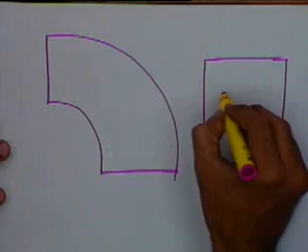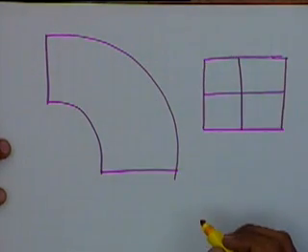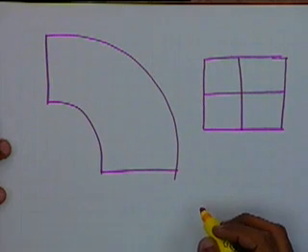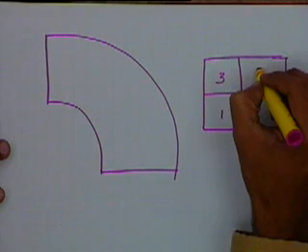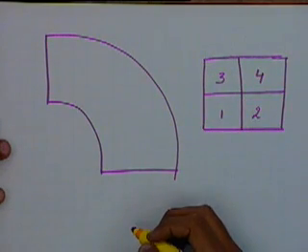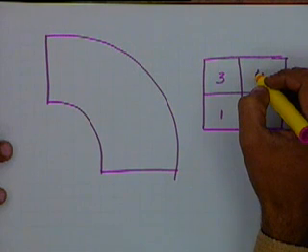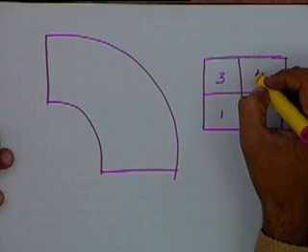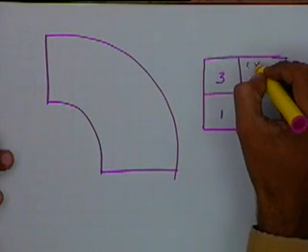For example, if I take this block, divide it into 4, and then I say this is block number 1, block 2, block 3 and block 4. And now I say that this block 4 does not exist. That means this block is a void block.